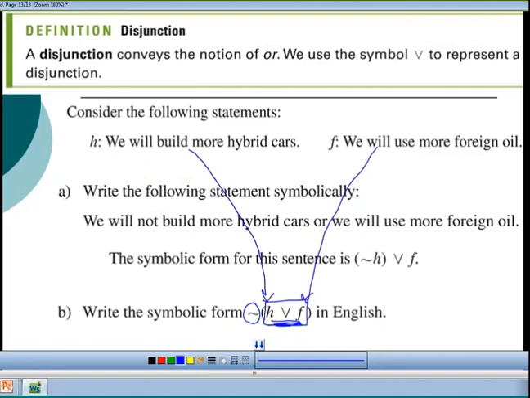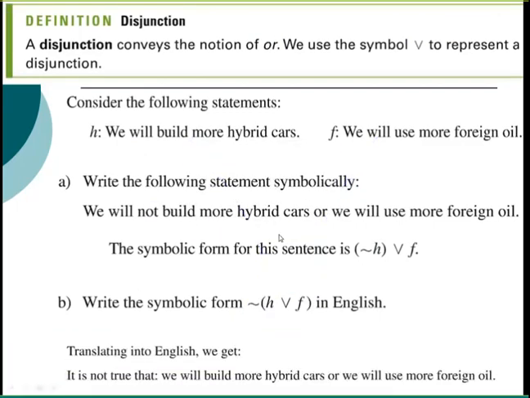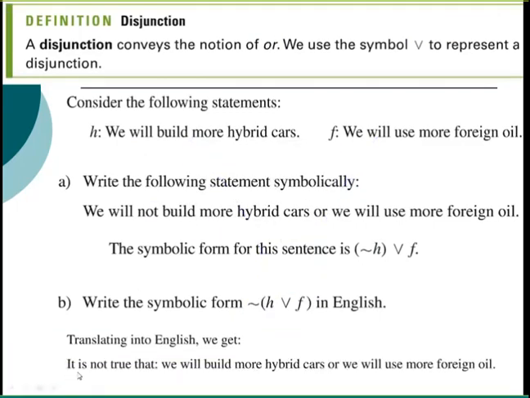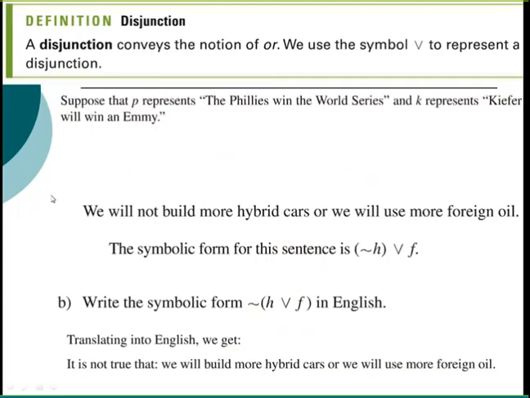So here's how that actually works out in a statement. Translating, it's saying it's not true that, that's what this part right here is saying, it's not true that this is going to happen. We will build more hybrid cars, or we will use more foreign oil, and so it's not true that that's going to happen. That's what the symbolic form turns into in English.